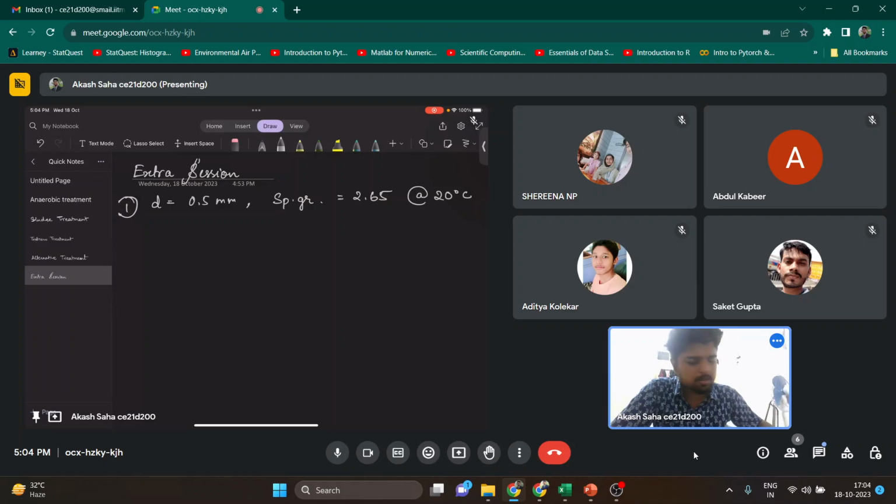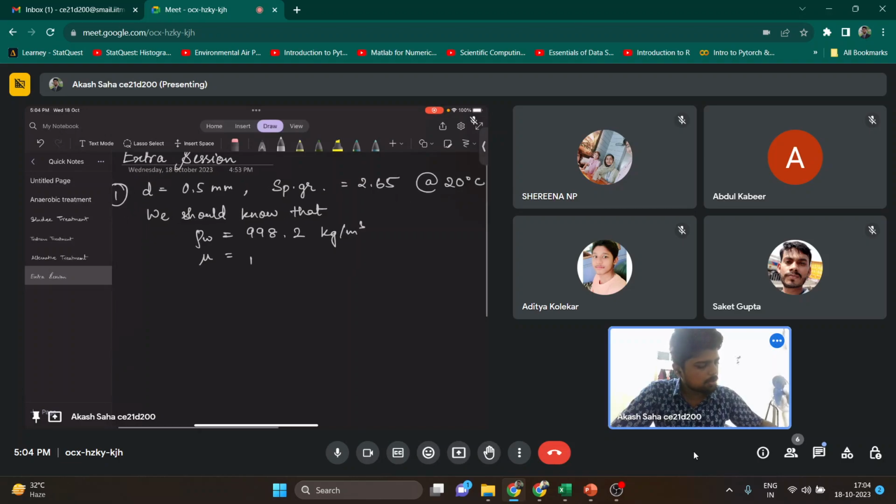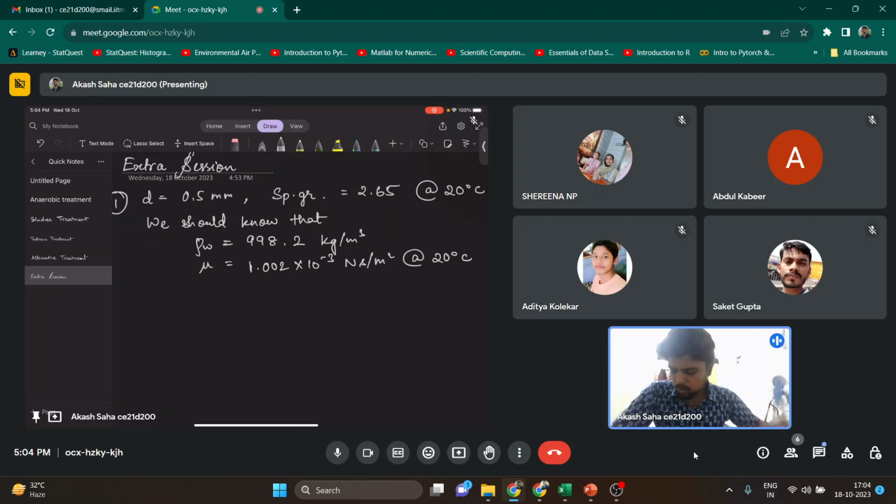So first we should know that the density of water is approximately 1000, or I will take it as 998.2 kg per meter cube, and the viscosity as 1.002 into 10 to the power minus 3 Newton second per meter square. This is at 20 degrees Celsius. So these two values should be known to us.